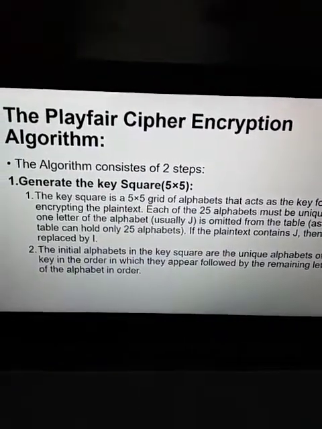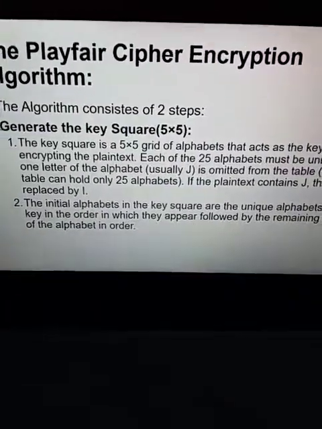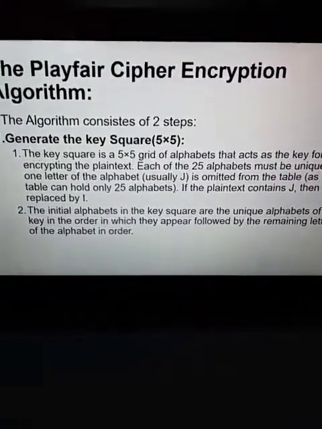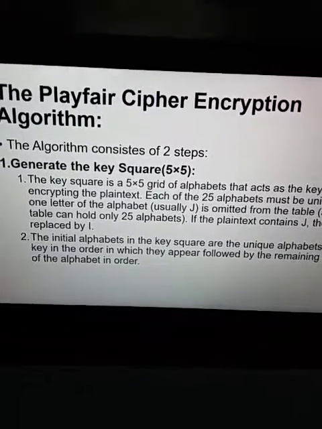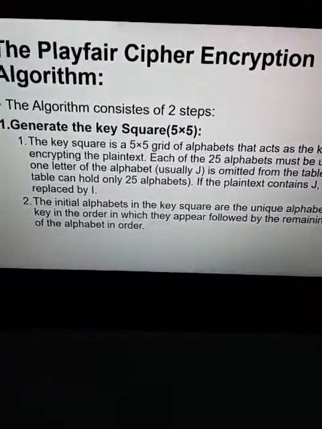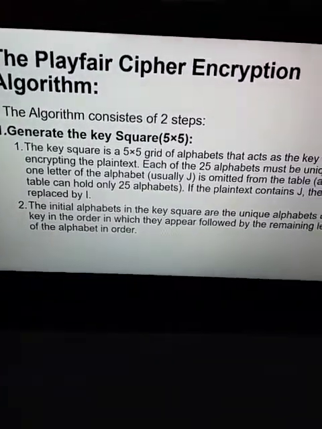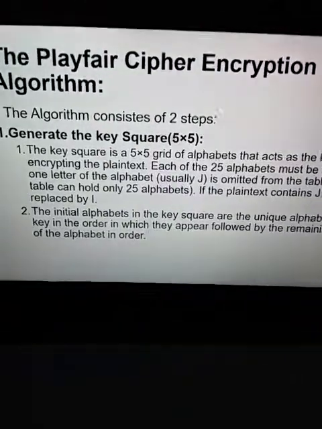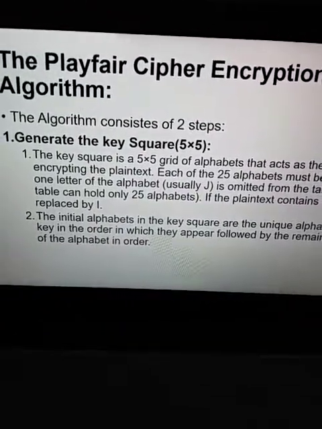This algorithm consists of two steps. First of all, we have to create a square of 5 cross 5. That is a matrix we have to create, with 5 rows and 5 columns. We have to substitute the alphabets in that matrix, in that table.